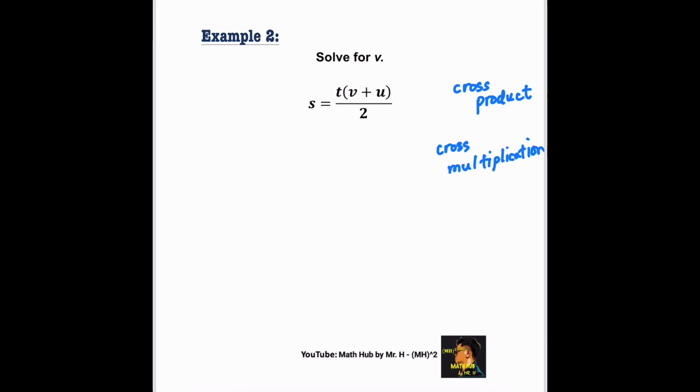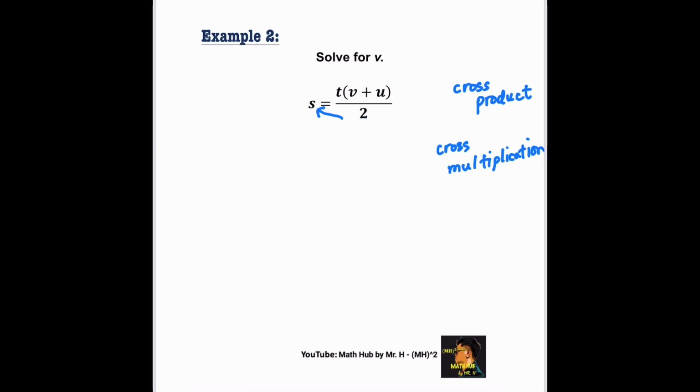So s here is equal to s over 1. If you have s over 1 on the left and this entire fraction on the right, then with cross product, 2 will be multiplied by s and 1 will be multiplied by the numerator, which, if you multiply by 1, will be the same thing.